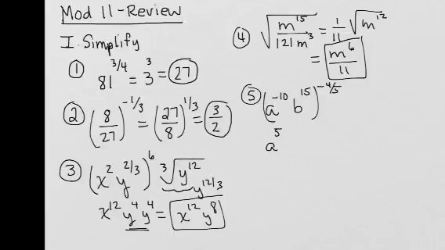And then right here, b to the 15, so 15 times negative 4/5, that's going to be negative 60 over 5, so it's going to give you negative 12. Okay, so then the b to the negative 12 has to move, so you end up with a to the 5th over b to the 12th, just to make it positive exponents. Okay, and that's the answer for that one.